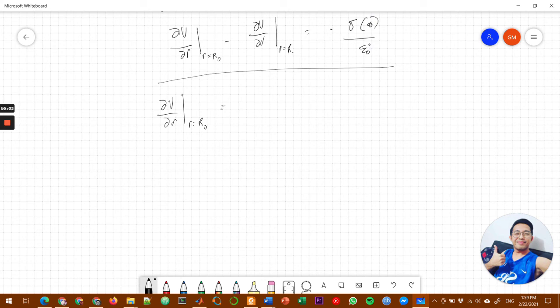You can check the result yourself. The derivative of the potential V with respect to r would be 6 over 5 k R squared over r cubed, cosine theta, then we take the derivative.